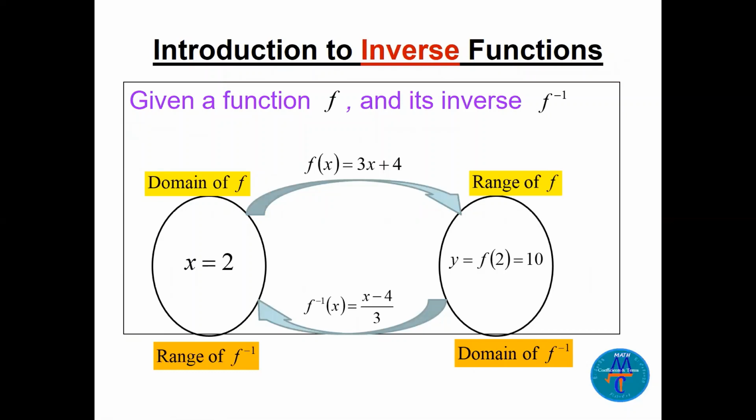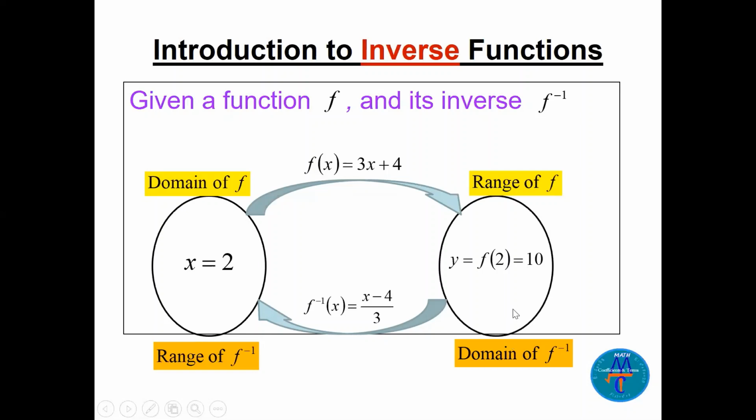Now, this is an introduction of the inverse. We have a function f, and its inverse is f inverse. This is the domain of the function f. So that's a function, f of x is equal to 3x plus 4. That's the range. If I take as an example x equals 2, replace it there, it will be 6 plus 4, so f of 2 will be 10.